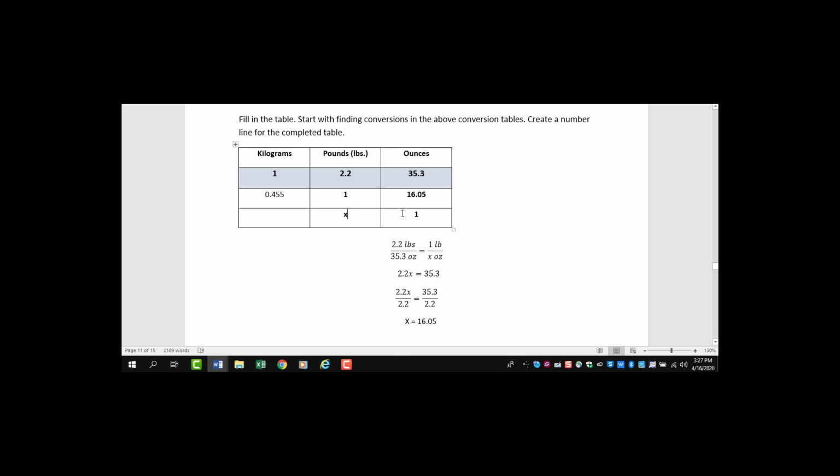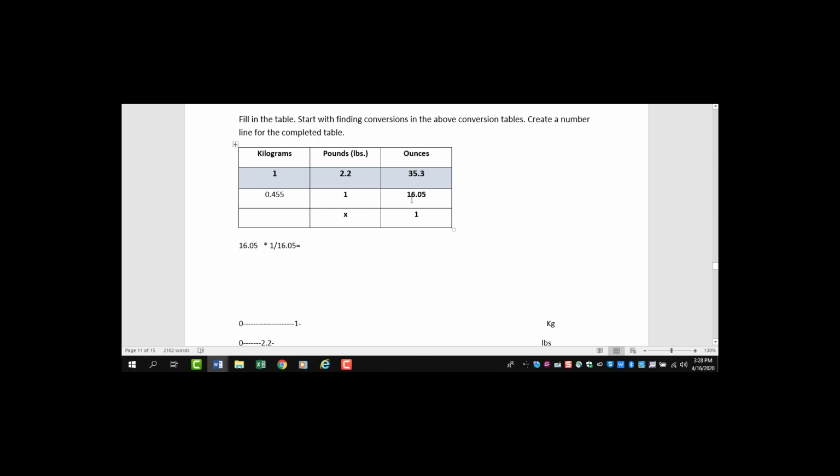And the other thing I can do here, which is a deeper level of understanding, is that if I take 16.05 over 1, and I multiply it by 1 divided by 16.05, which is the same as dividing it by 16.05, I'm going to get 1.